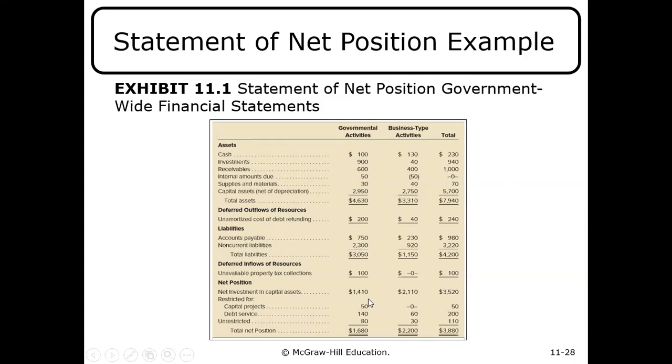Net investment in capital assets would be total assets minus total liabilities. Then we have net position restricted for capital projects, debt service, and then we have money unrestricted at all for both governmental activities and those business type. And we'll be taking a look at this even more, even in Chapter 12.